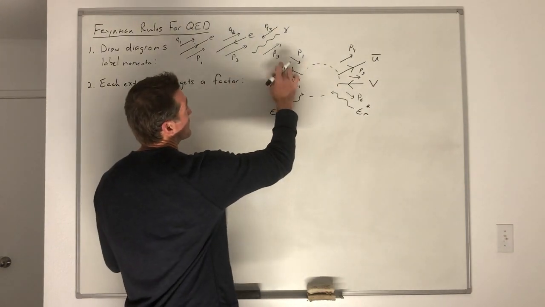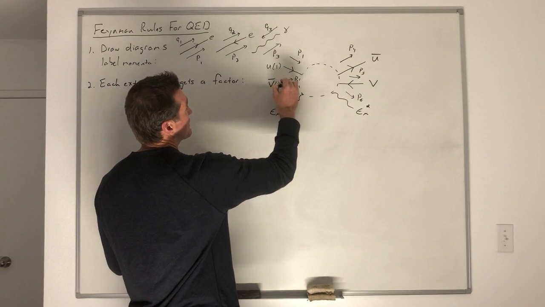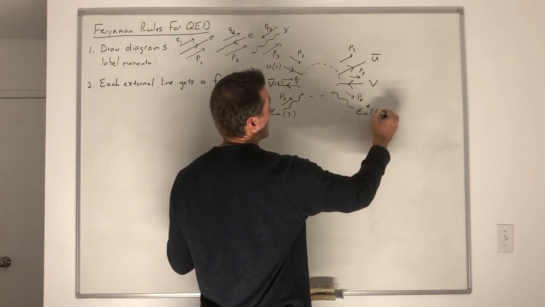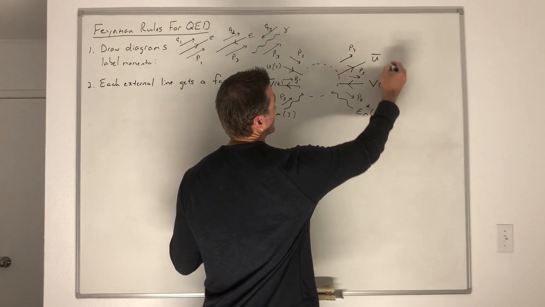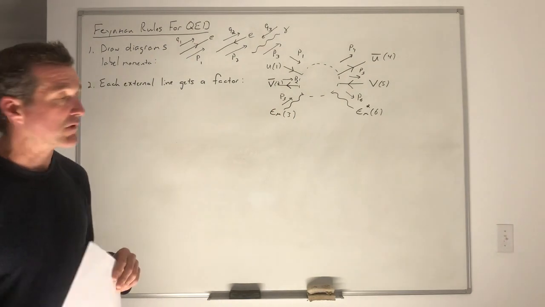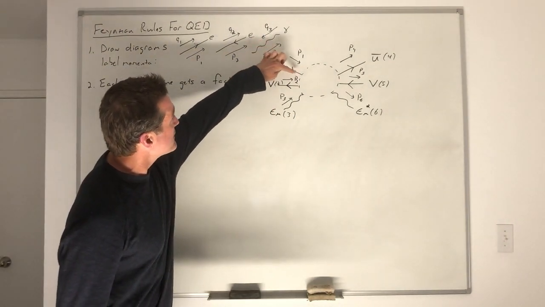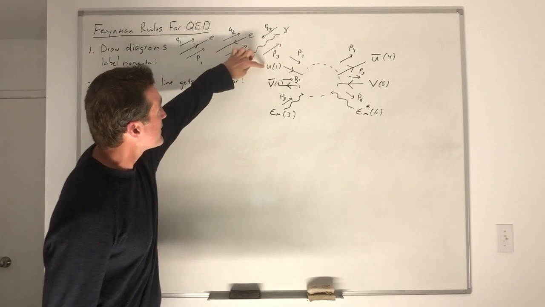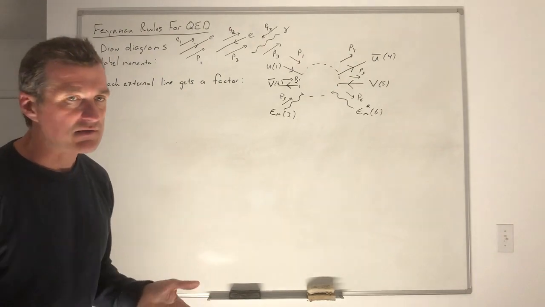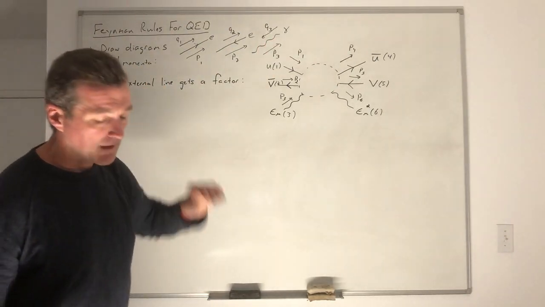In each of these factors, you just want to label what momentum it's associated with, by putting the number of the momentum in parentheses. You'll understand the value of this in a bit when I work through an example. So if I have a particle coming into the interaction and it has momentum p1, then I'll write u(1). That 1 is just a label telling me which momentum I've associated with it. Okay?